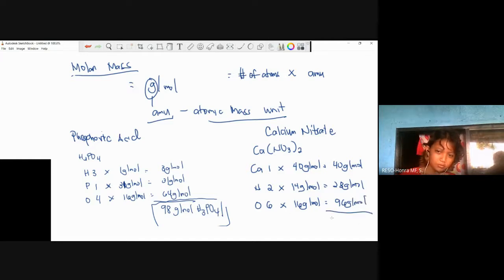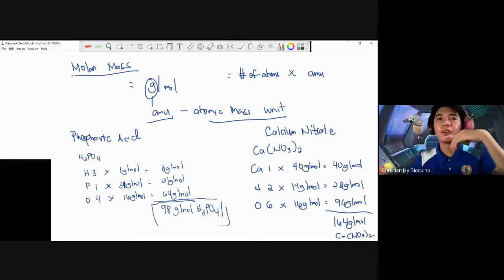Tapos 164 po yung sagot. Okay. So we have a total of 164 grams per mole of calcium nitrate. Same answer? Same.